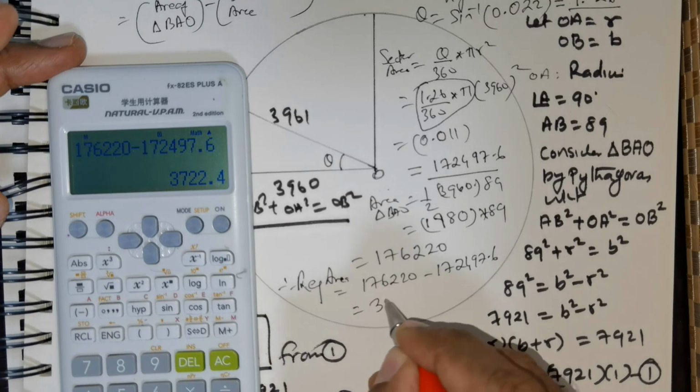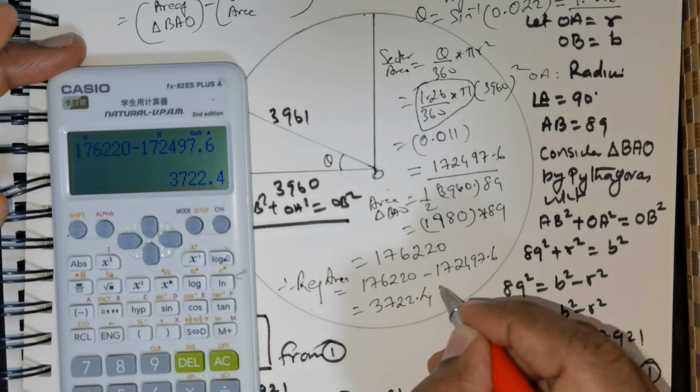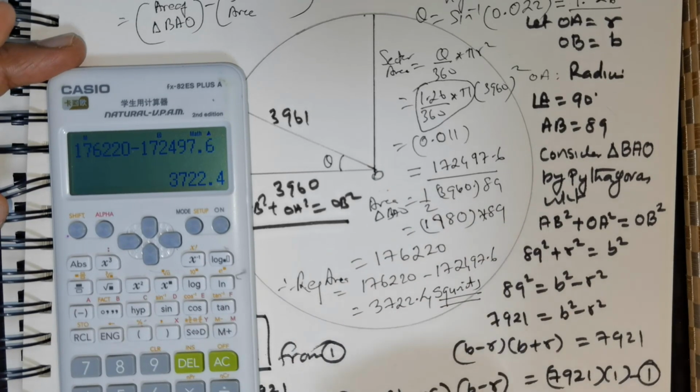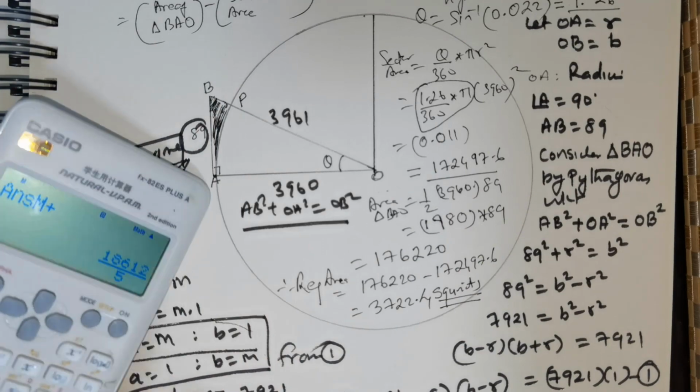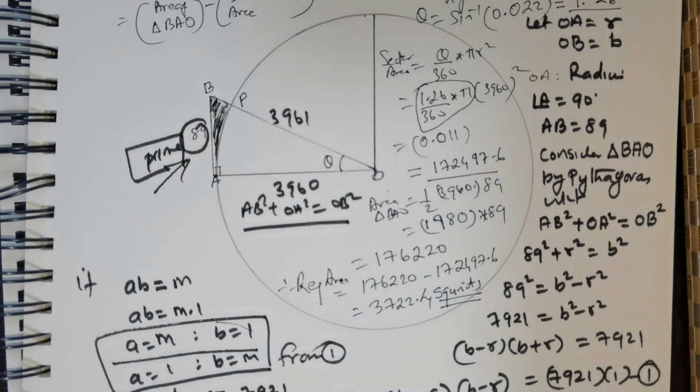So this is equal to 3722.4 units. It should be square units, right? Now that's the solution. Okay, so this is the solution for this question.